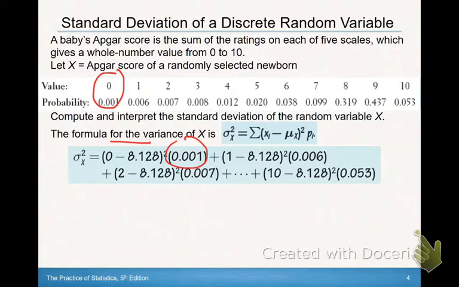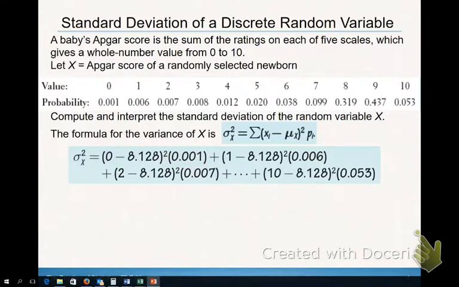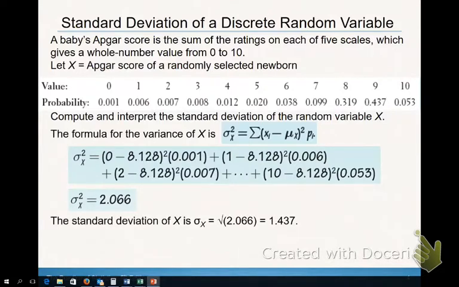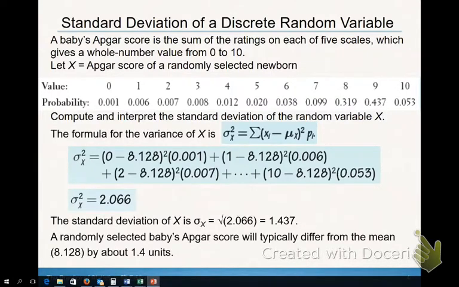And we do that for every value. That gave us a variance of 2.066. When we take the square root, we get a standard deviation of 1.437. So a randomly selected baby's APGAR score will typically differ from the mean, 8.128, by about 1.4 units.